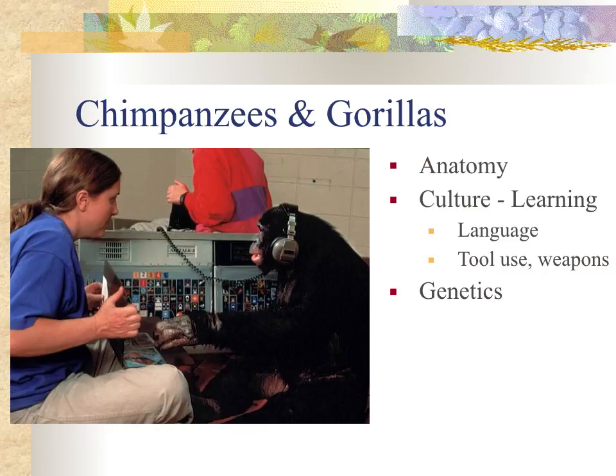We also even find them in the wild using tools, sometimes even tools as weapons. They're close to us in that they have genetics that's extremely similar. Okay, and so among the animals, they're the closest to us, and we take that as true because of all the evidence that's been acquired through experimental evidence, through observation, etc.